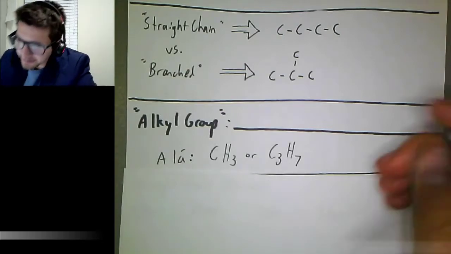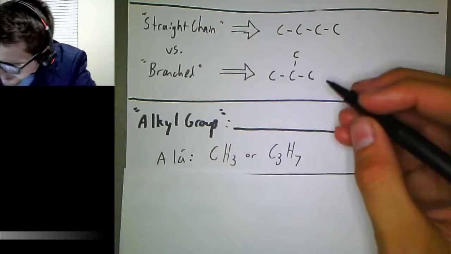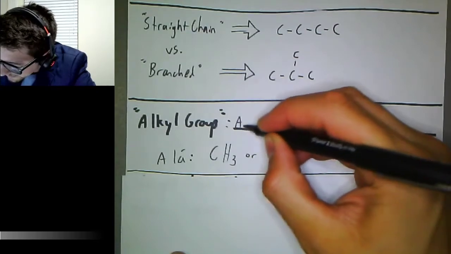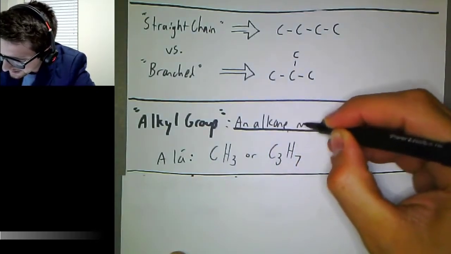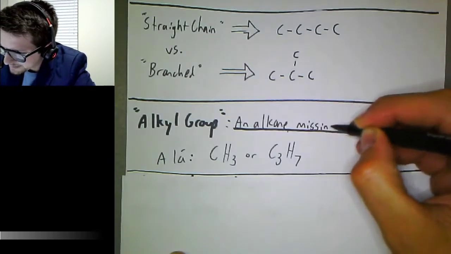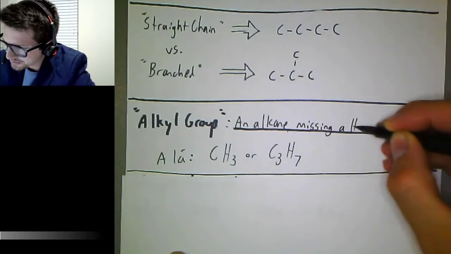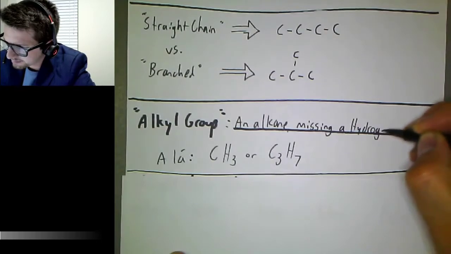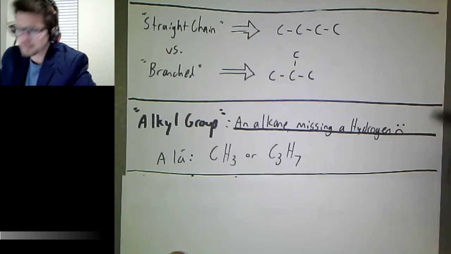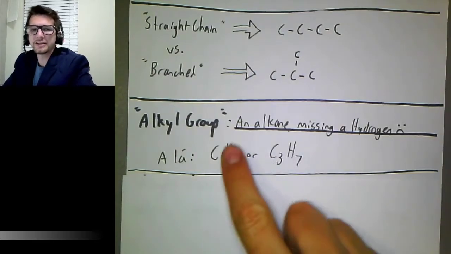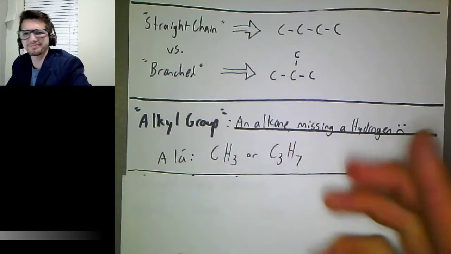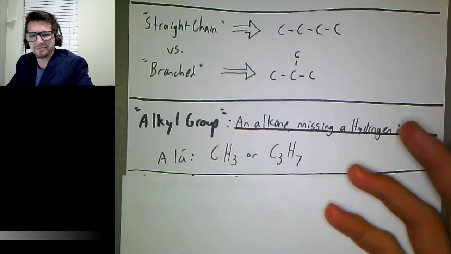So an alkyl group is an alkane, but it's missing a hydrogen. Sad face, because nobody likes missing a hydrogen. So an alkyl group is an alkane group, but it's just missing a hydrogen.